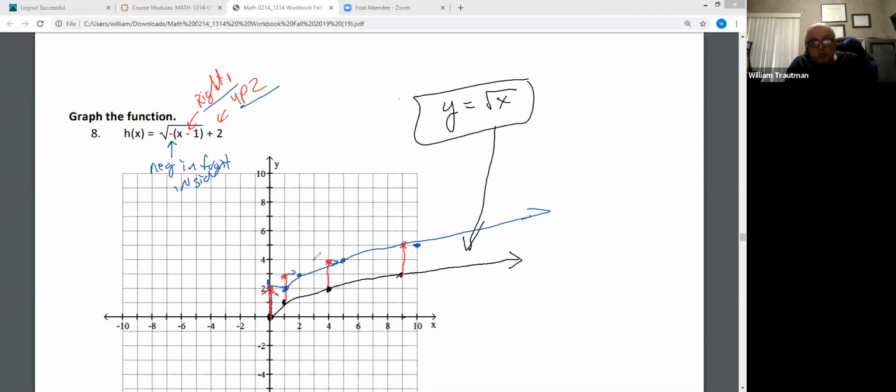So the graph is blue. However, now I'm going to change my color one more time to dark green, because this negative, if you look, here's our vertical line, negative in front on the inside, flips it vertically.